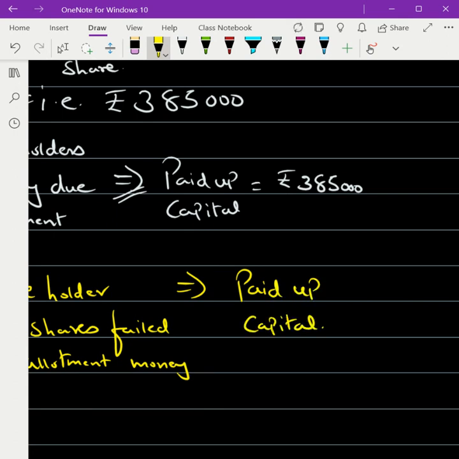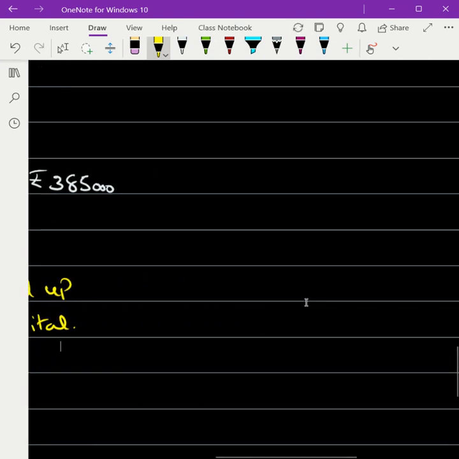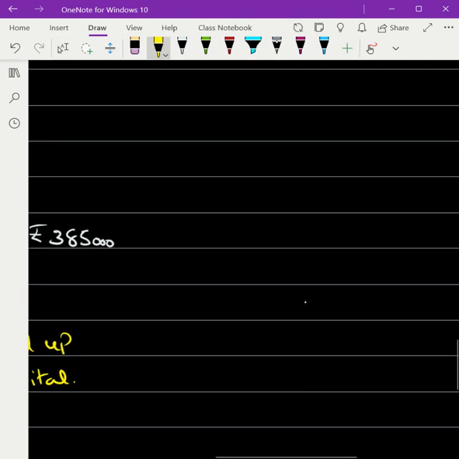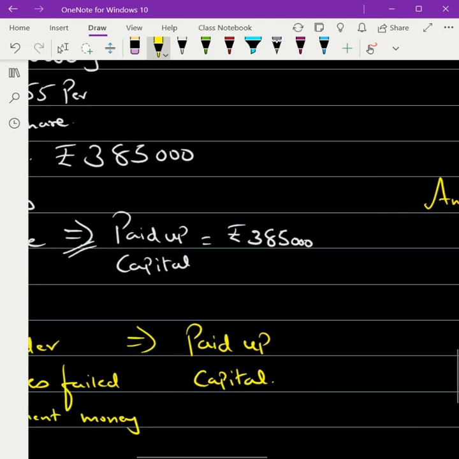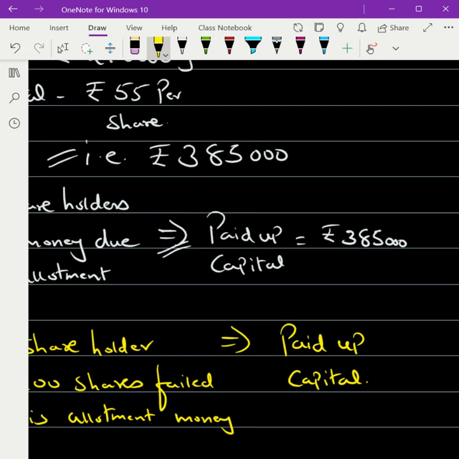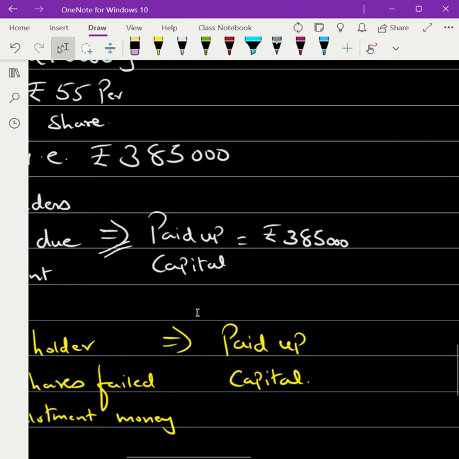So how will you find out? Quite simple. What is the amount that you have to receive? Amount to be received on the whole. The amount to be received you have calculated here. That is your called up capital value, rupees 3,85,000.